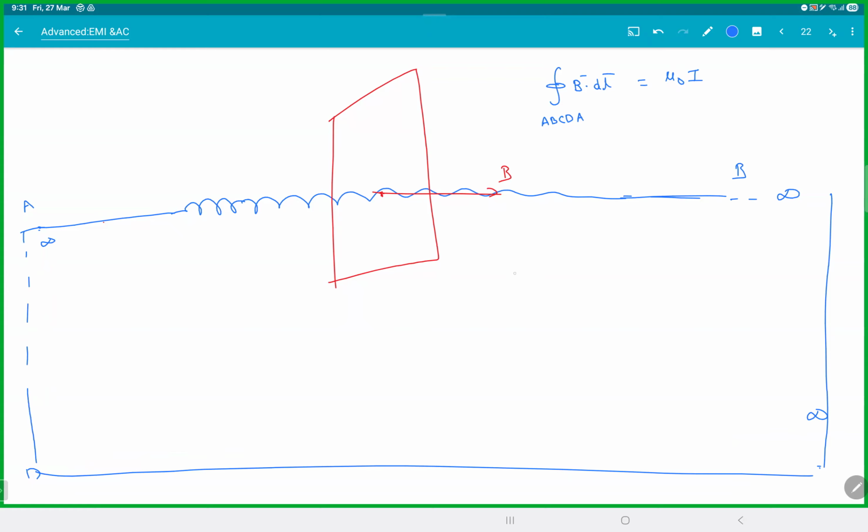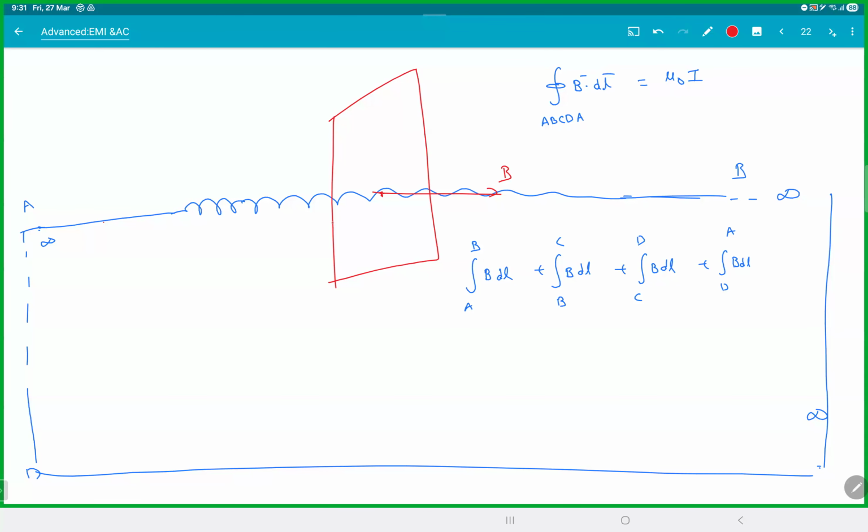So this can be written as integral B dl from A to B plus integral B dl from B to C plus integral B dl from C to D plus integral B dl from D to A, equal to the current crossing through the loop. What is the current crossing the loop?